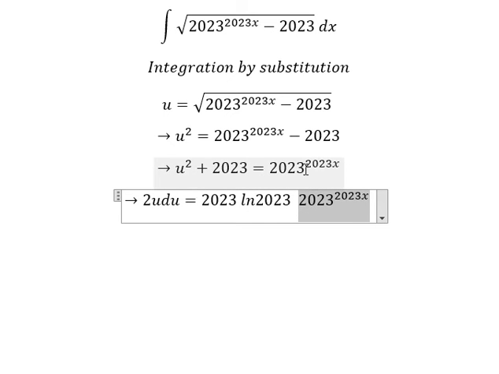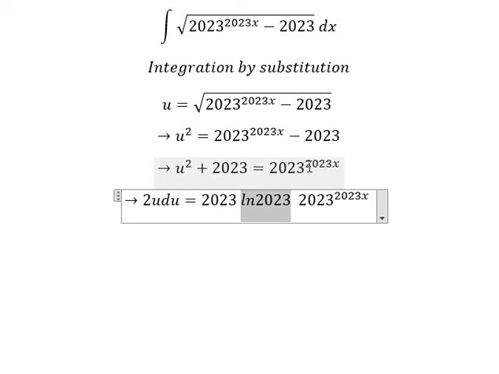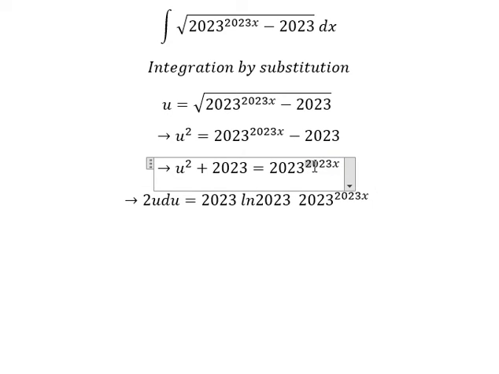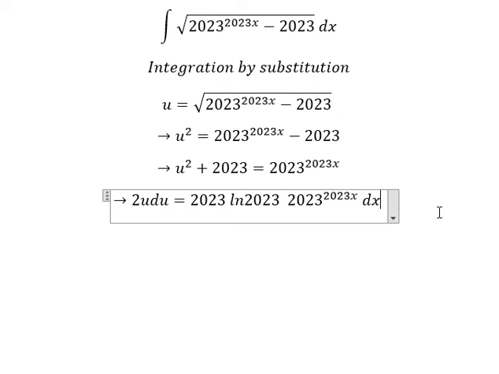Later, the base is 2023, so we put this one here. Next, we need to do first the derivative of 2023x, so we get this one, and I will put the x.